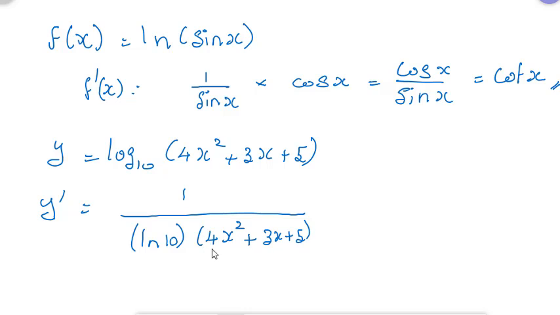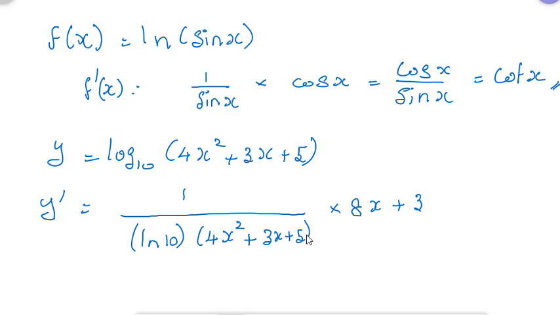Now I have to differentiate the x terms. The 4x squared changes to 4 times 2, which is 8x. The second term, 3x power 1, gives 3.